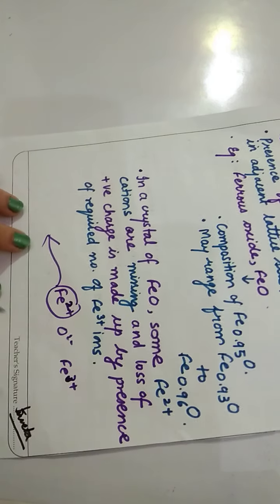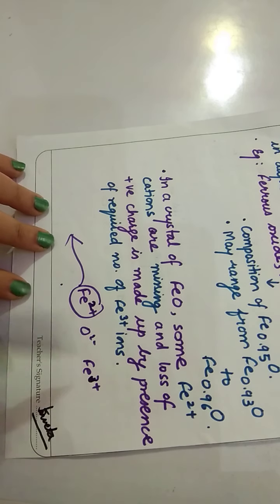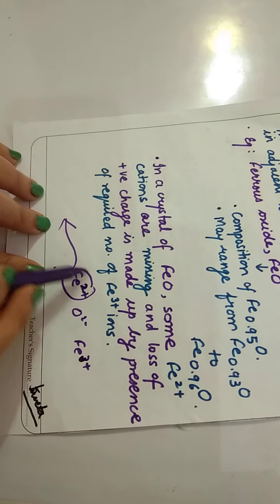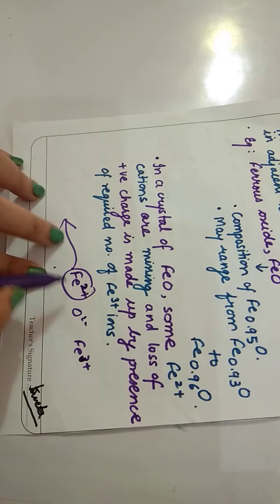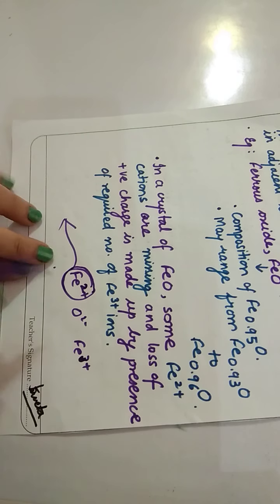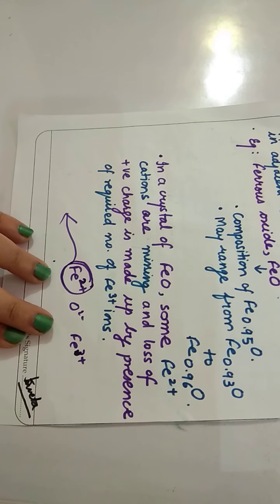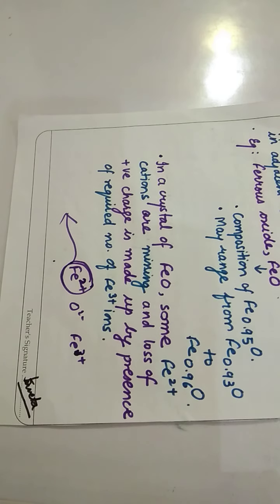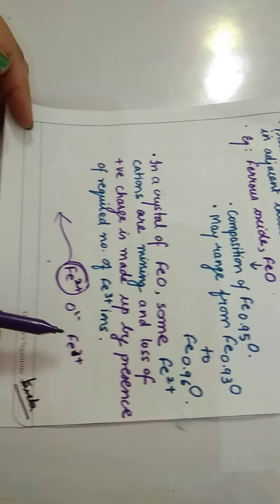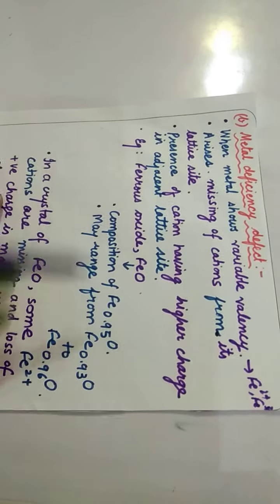Now, if we talk about FeO crystal, then in FeO crystal, some of the Fe2+ ions are missing. And if Fe2+ ions are missing from the lattice site, then that missing positive charge is made up by the presence of the required number of Fe3+ ions. So when this happens, it shows metal deficiency defect.